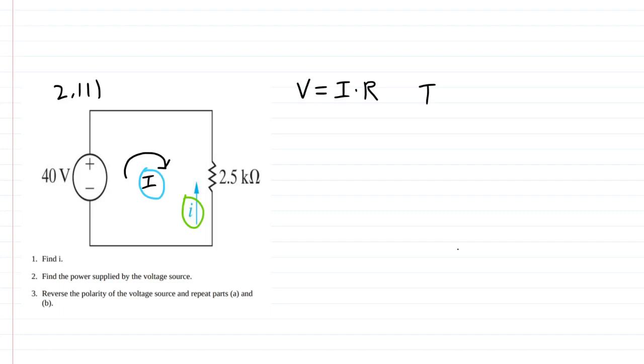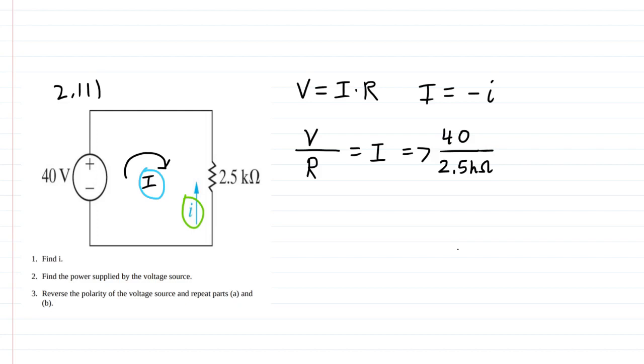So let's write this so we don't forget, little I is opposite. We have our resistance and our current. To calculate the current, we take the voltage across that resistor, divide it by the resistance, and you will get I. That leads to 40 volts divided by 2.5 kilo ohms.